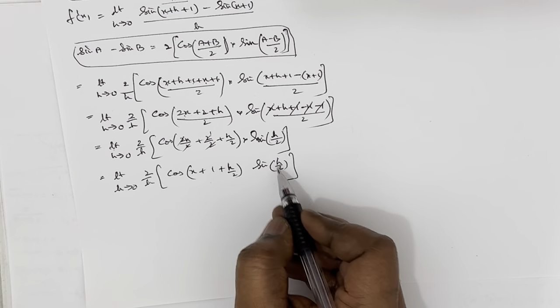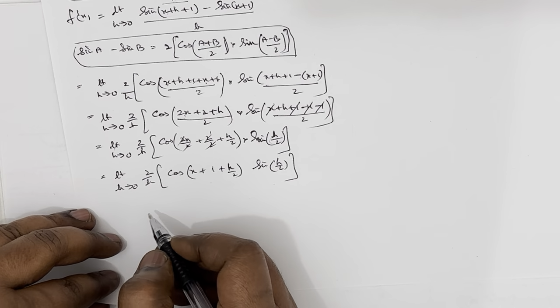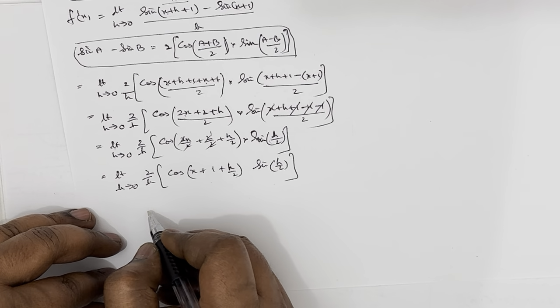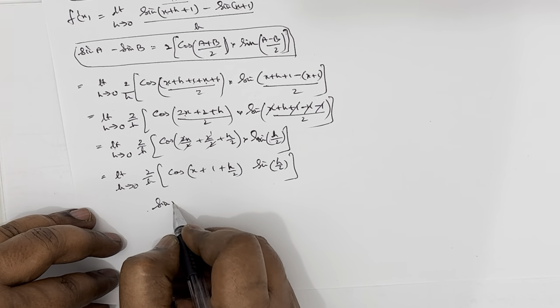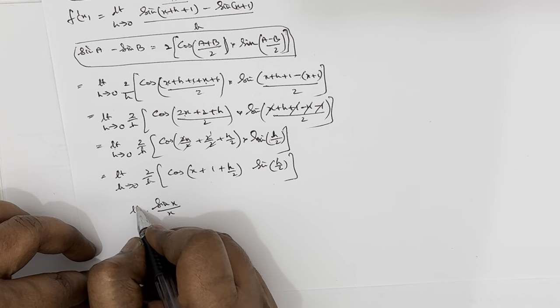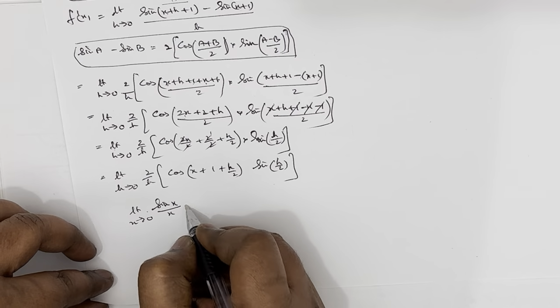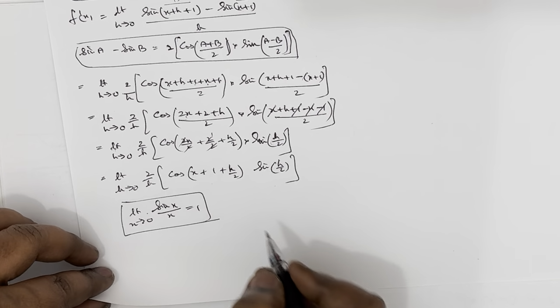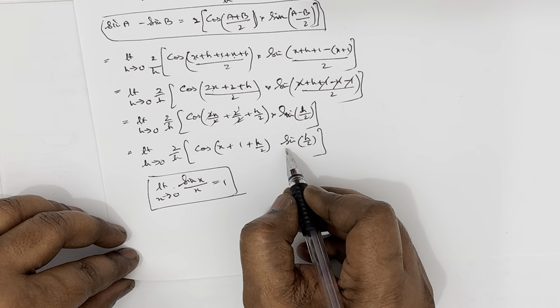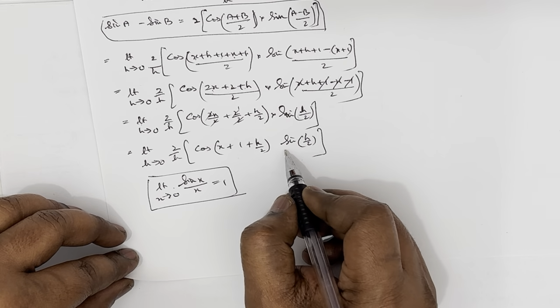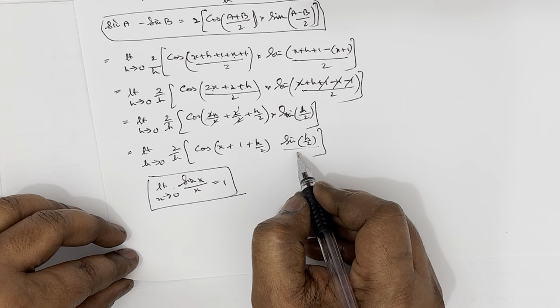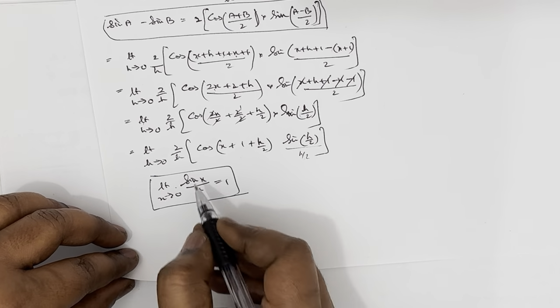Okay, now if you see, this resembles a theorem in the limits, algebra of limits, that is sine x upon x, where limit x tends to 0, then it's 1. So let's make it in this form. So let's divide by h by 2 here. Okay, so this will be in this form.